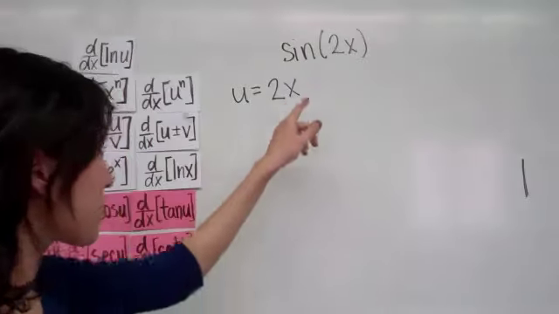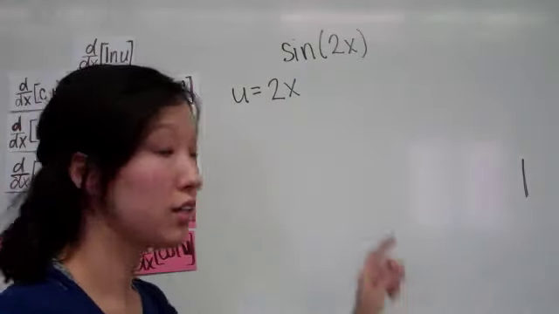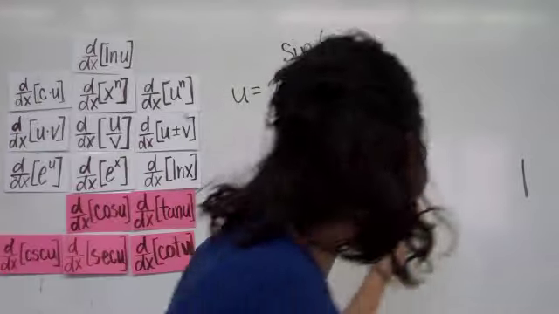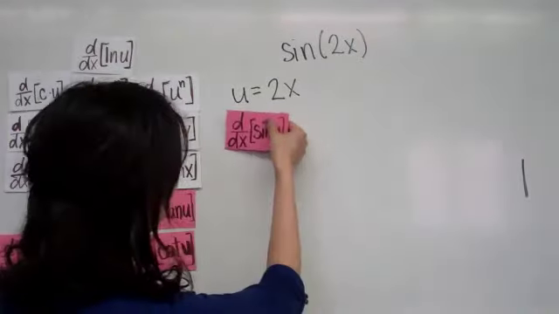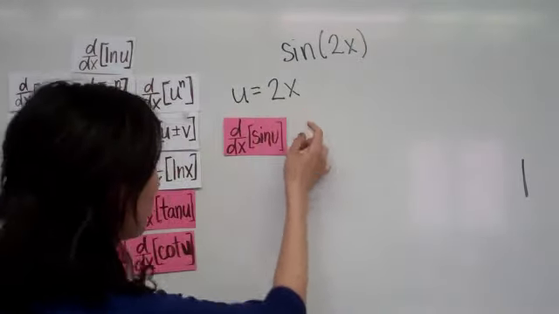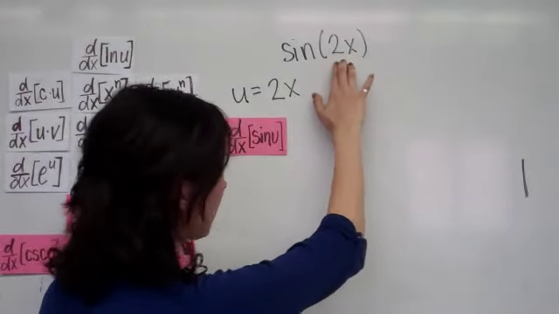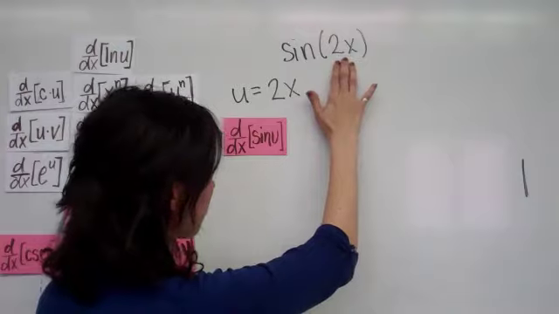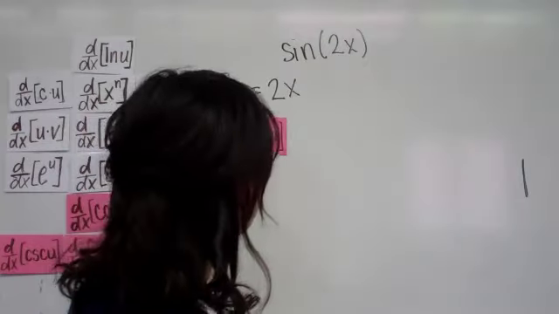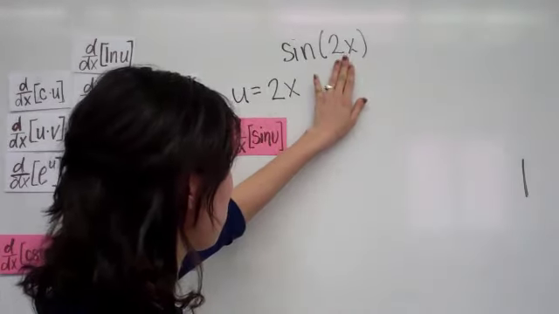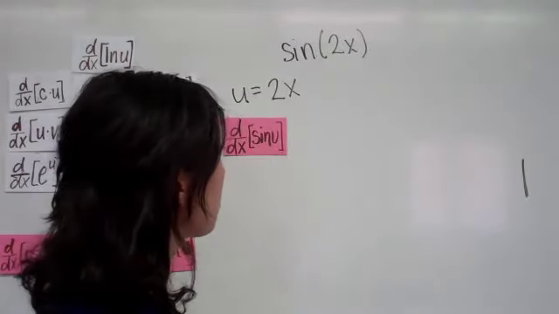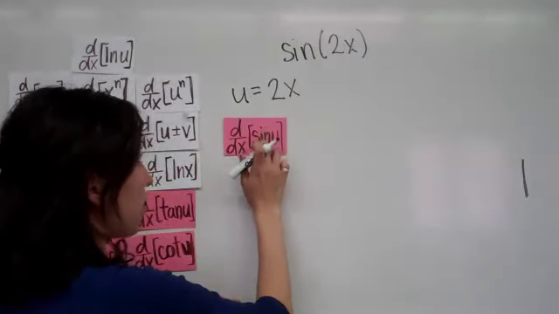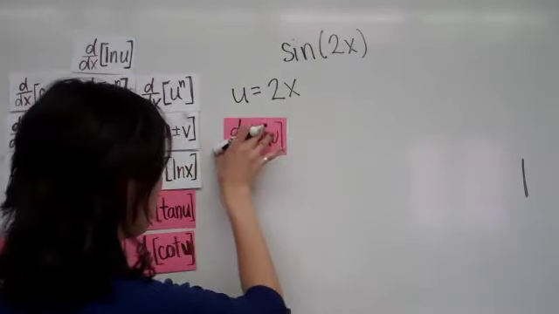Alright, so this is what I do have up here. I'm going to let u equal 2 times x. And so what I'm looking at here is sine of a composition function, where we're taking sine of some sort of inner function. This inner function is its own function in its own right, and then we're putting it through sine. So I'm going to match it up with this rule, because that's what I'm doing here.